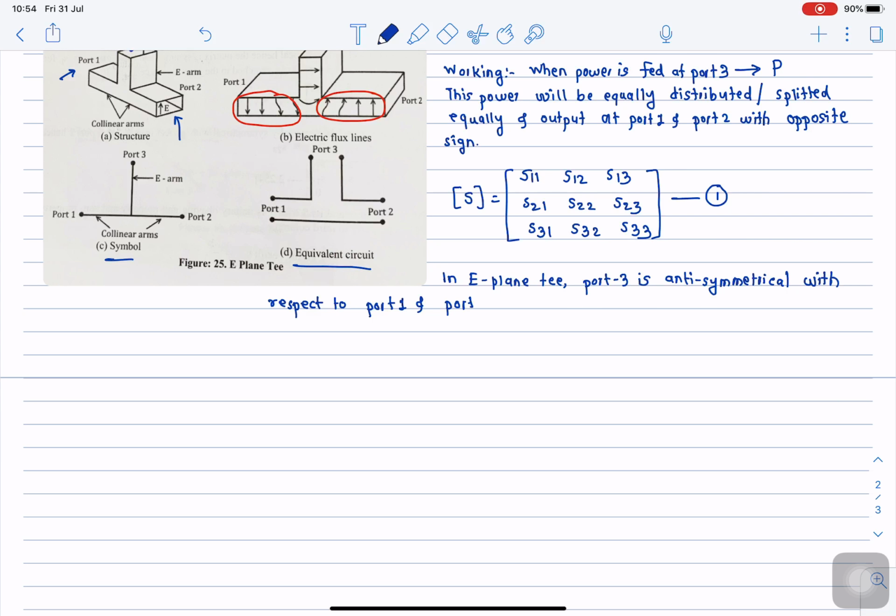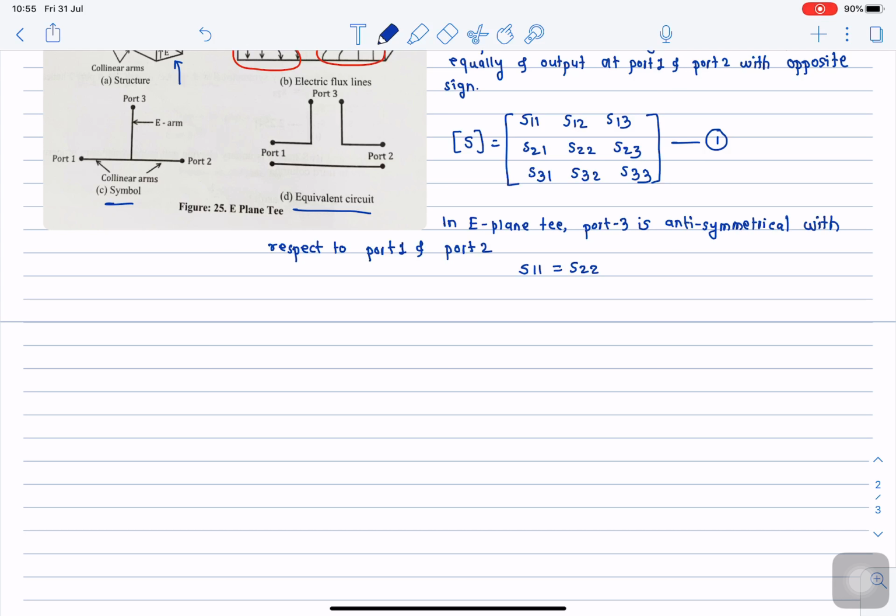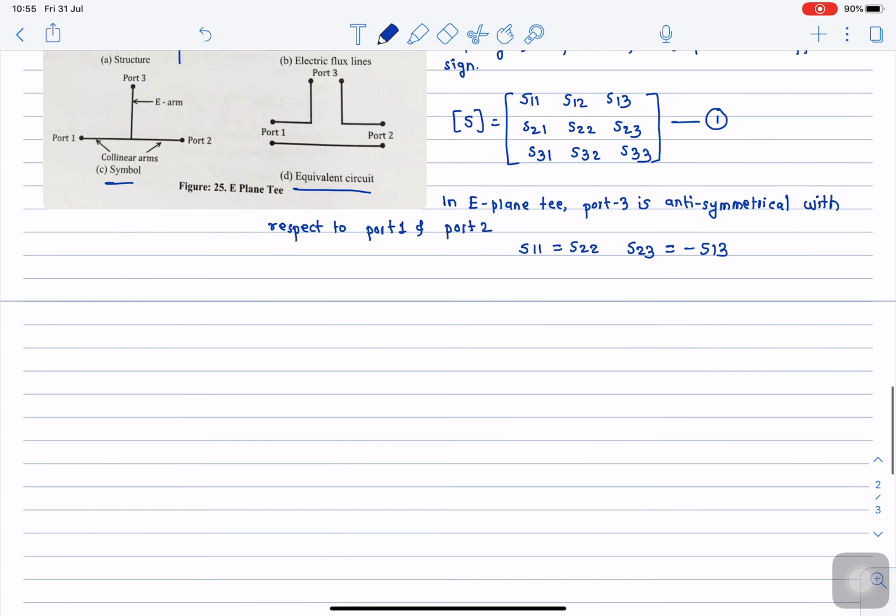This is an important property that we know. With this property we can establish a relationship between the scattering parameters. S11 is equal to S22, and S23 is equal to minus S13. With this modification we will modify the scattering matrix given in equation number 1.